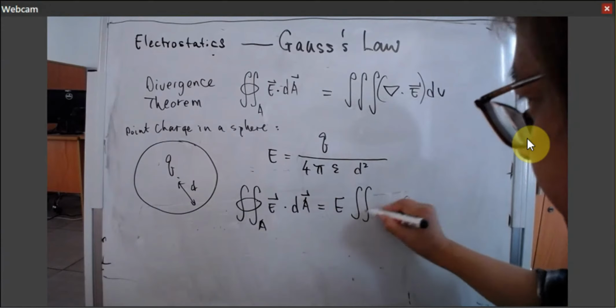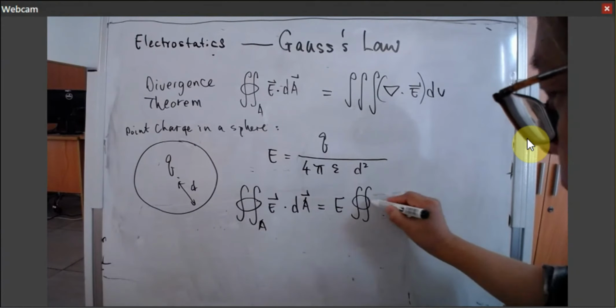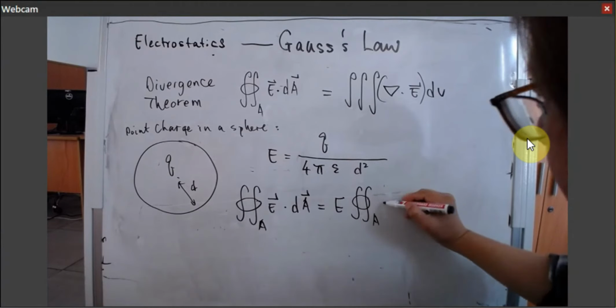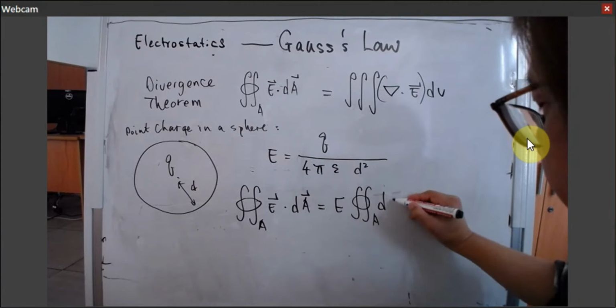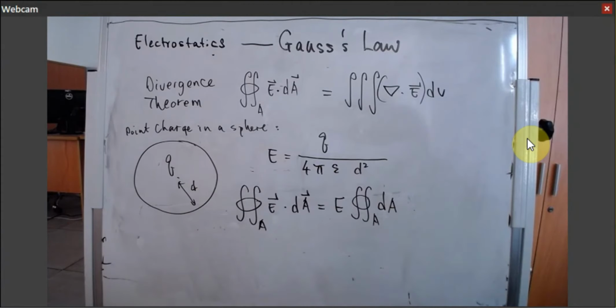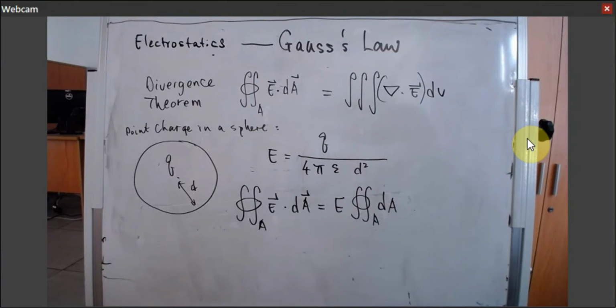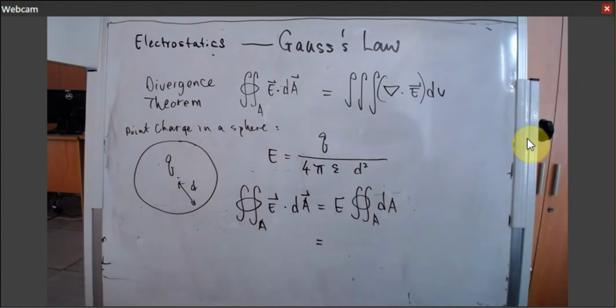And on the other hand, you will end up with an integral of the total surface area of the sphere. And there shouldn't be any vector sign on top of this letter A. Now, E, what is E?